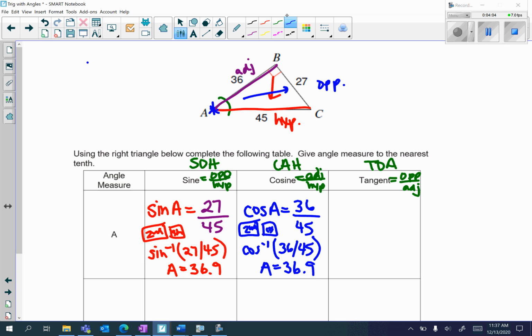Let's do it again using tangent. So tan of A is opposite over adjacent. Opposite is 27 over adjacent, which is 36. Again, we have to press second tan 27 divided by 36.